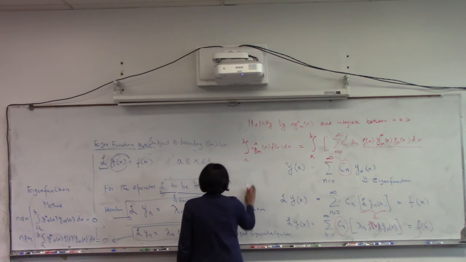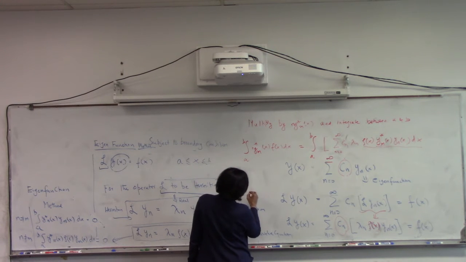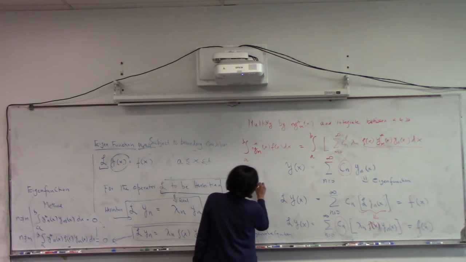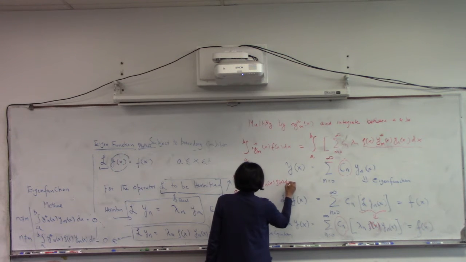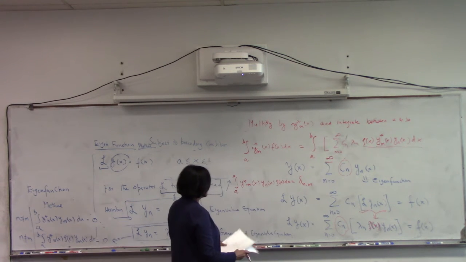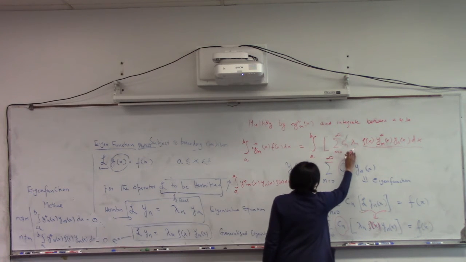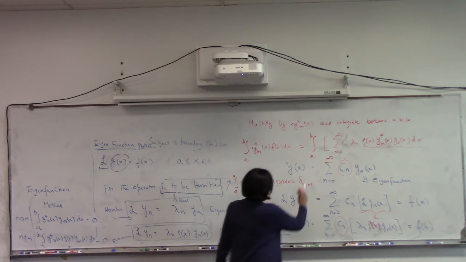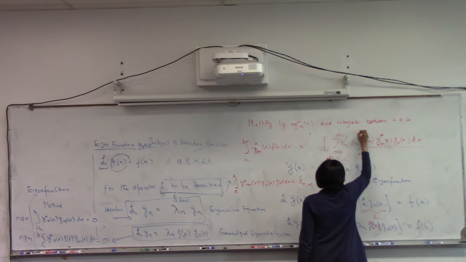What we have is the integral from a to b of y star m(x) y_n(x) rho of x dx, which is what I want to get. That is the Kronecker delta, delta n comma m. So the right-hand side will become what? If I pull this integration now inside, what is that?